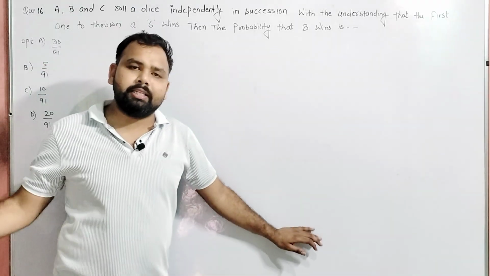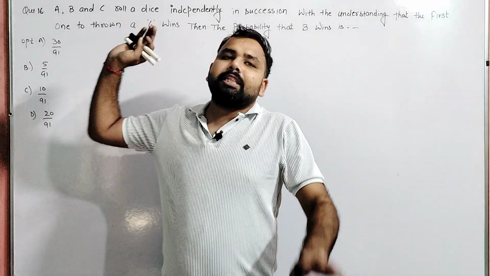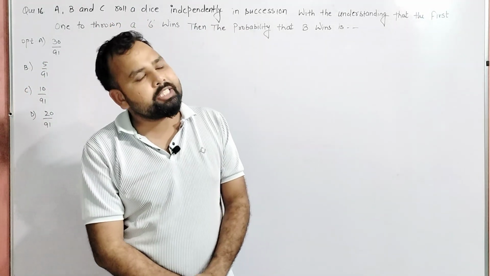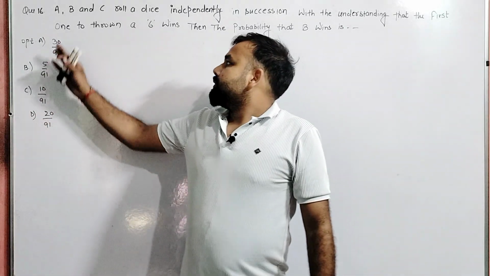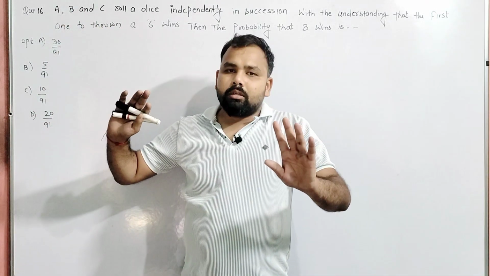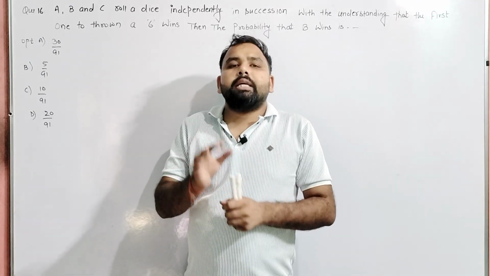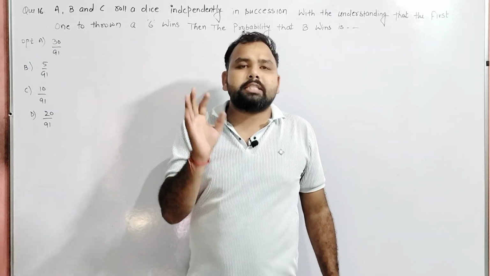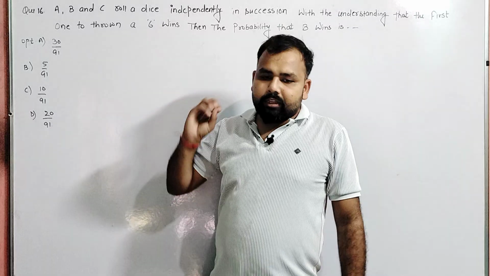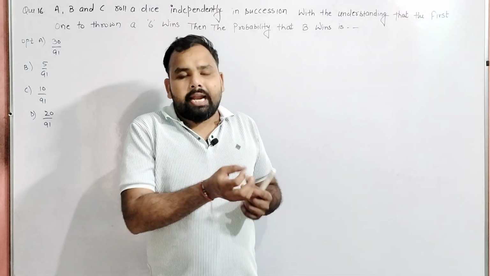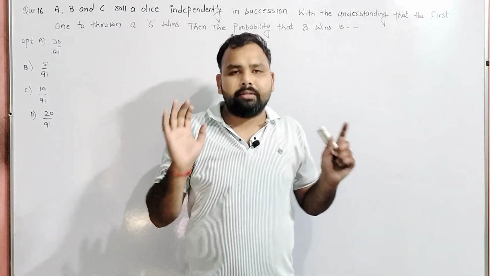Students, let us assume in this situation that there are three candidates A, B, C, and A wins or B wins or C wins if he or she gets a 6. If they throw a dice and get 6, they win.